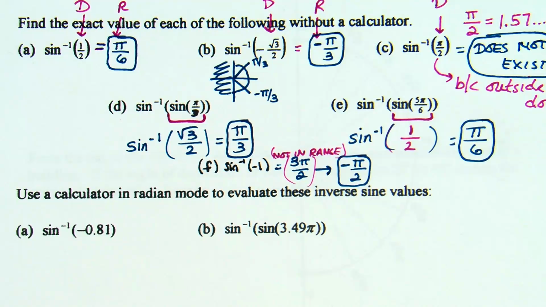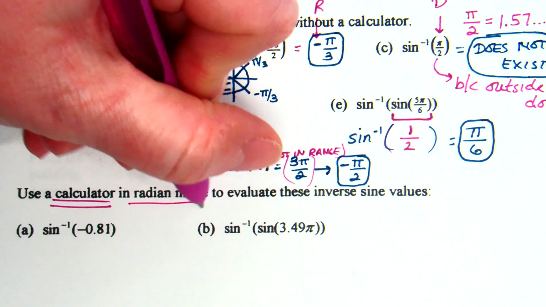Now, I think we can do the calculator portion of sine and finish up sine real quick. Got your calculators by your side? Because notice example 2 says use a calculator in radian mode.